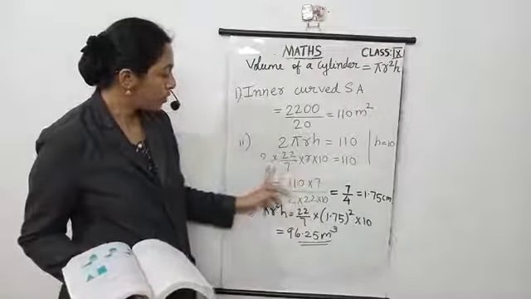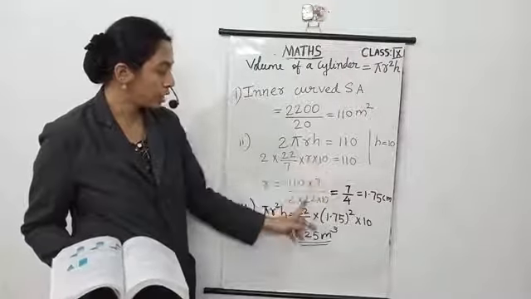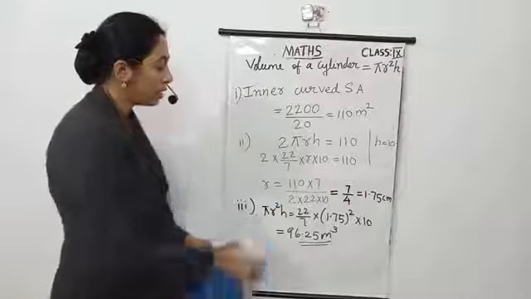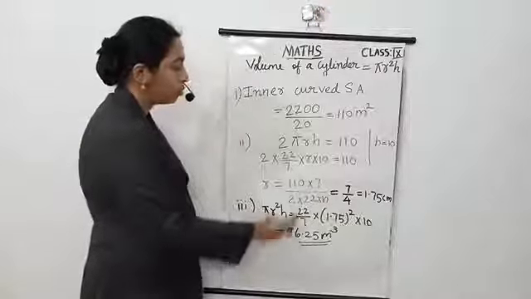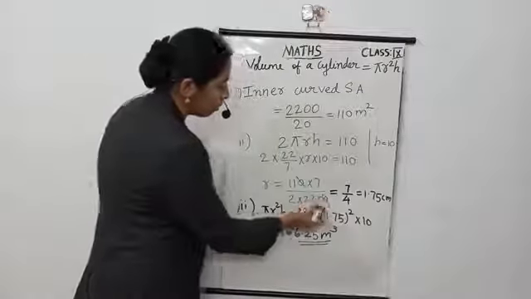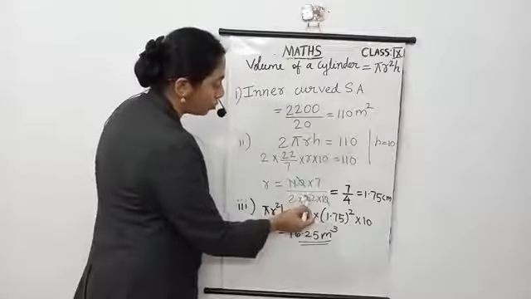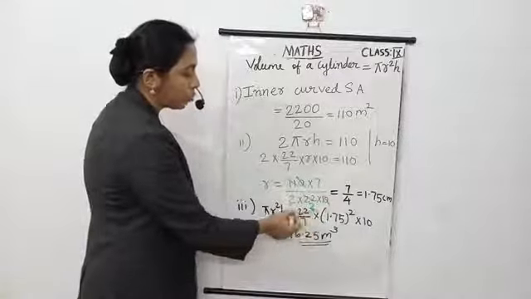Transpose this 2 into 22 by 7 into 10 to the right hand side. We get 110 into 7 by 2 into 22 into 10. Now we can cancel this 0 and 0. Then 11 into 2 equal to 22. So we get 7 by 2 into 2, that is 4.